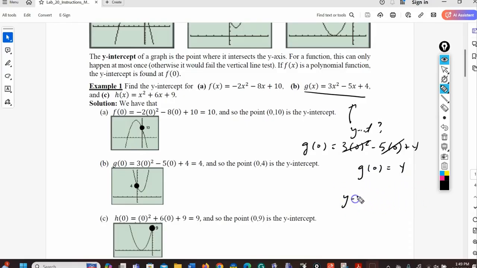And so our y-intercept is the point with coordinates 0, 4. Remember, g maps the x-coordinate into the y-coordinate. g evaluated at 0 equals 4 is the same thing as saying the point 0, 4 is on the graph. And if you were to look at the graph, that's confirmed. Okay, if the graph was something easy to see, which is not always the case at all, but we're just confirming that here with the graph.